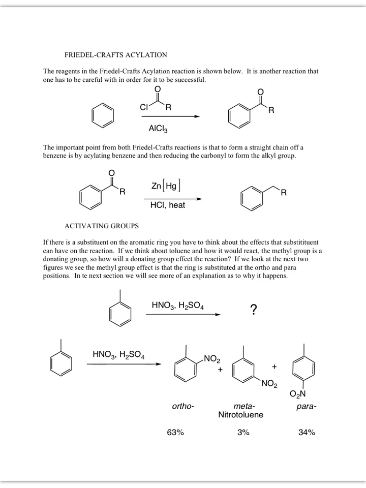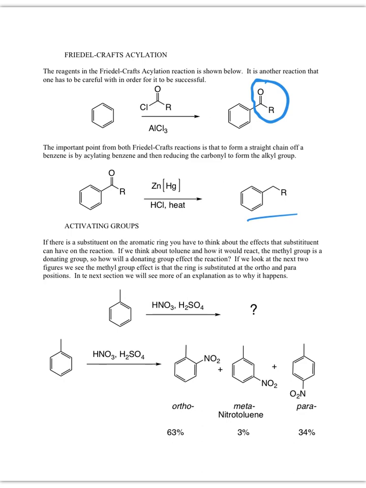Then we have the Friedel-Crafts acylation, where we put on what's known as an acyl group, a carbonyl, and so we have to form the carbonyl with a carbon with a positive charge, and then that we can reduce with zinc, mercury, and HCl to make the alkane.